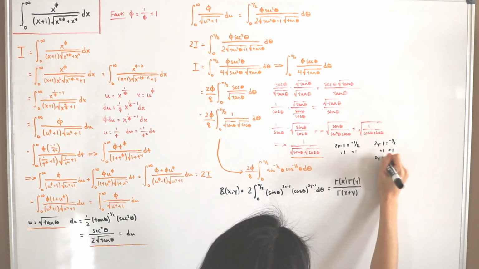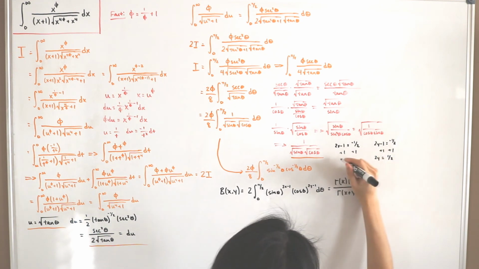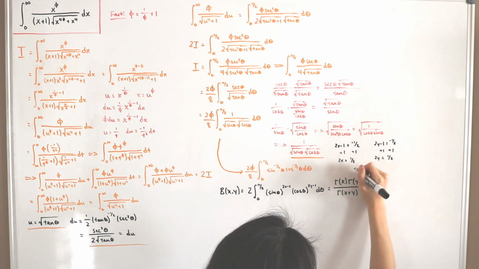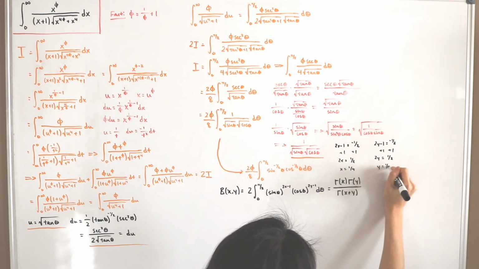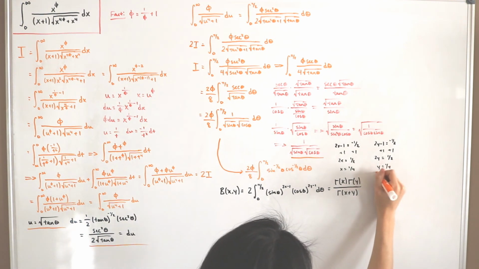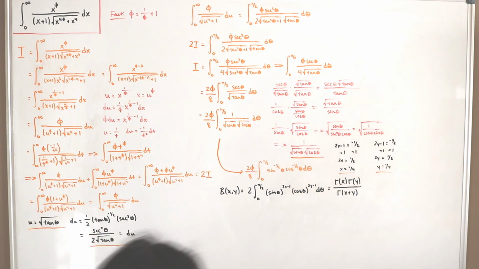Then 2y equals 1/2. Then 2x equals 1/2. Then that means x is equal to 1 over 4 and y is equal to 1 over 4. All right, so now we know what x and y are, so we can plug those back into our gamma function.